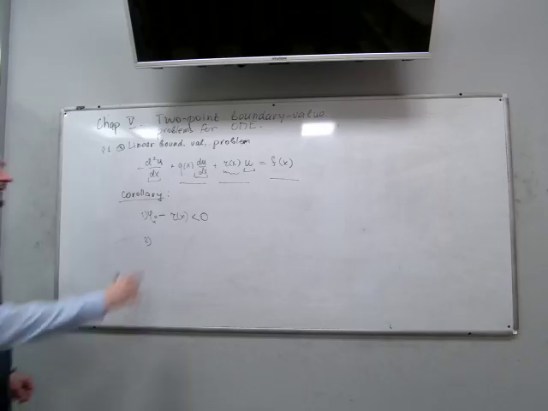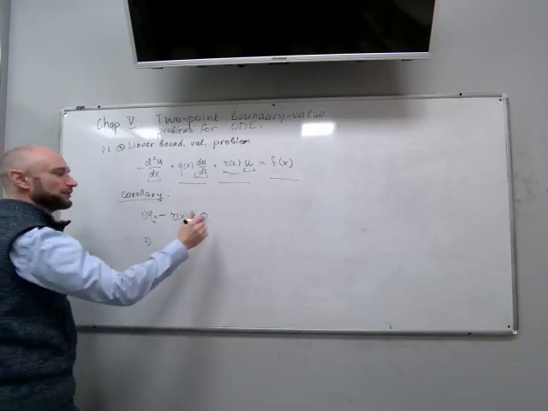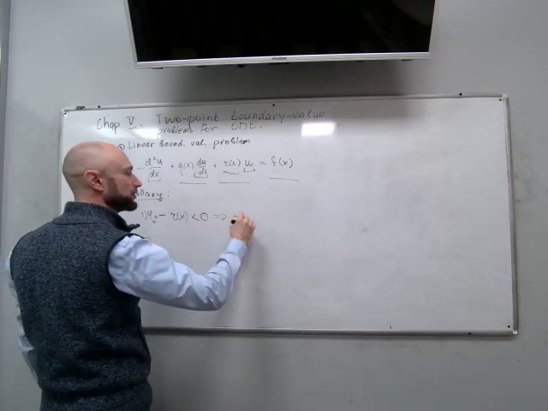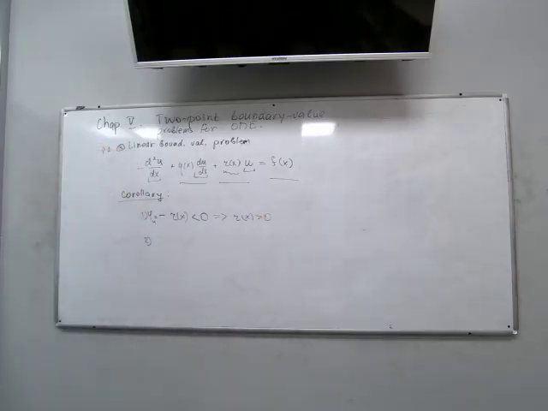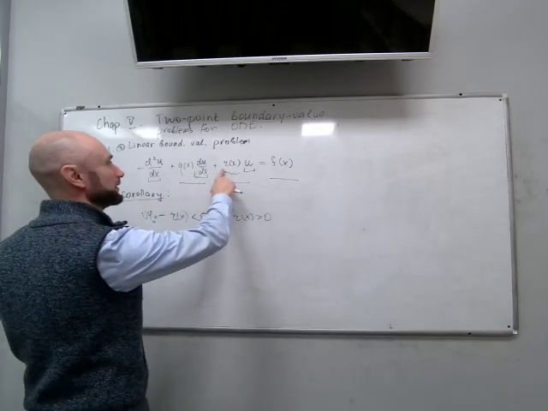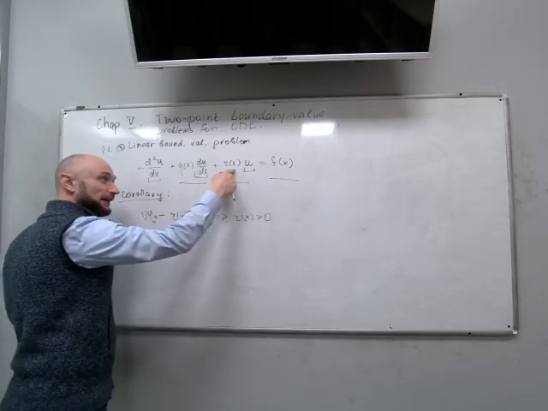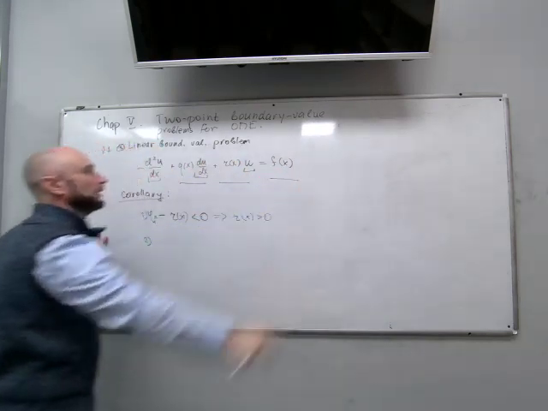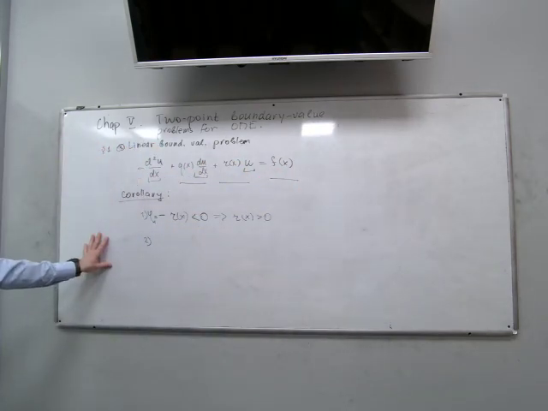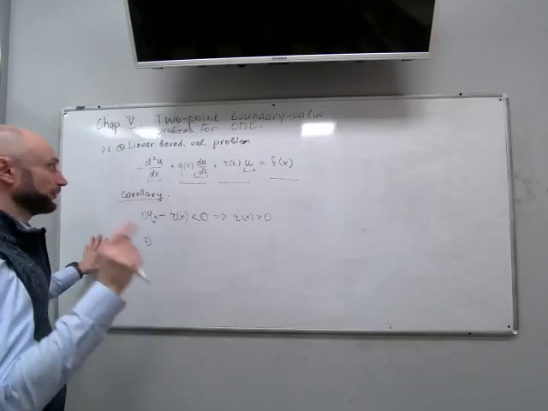Minus function r should be less than 0, then it means that function r should be more than 0, strictly. So this term should be more than 0 if it sits on the left hand side, and less than 0 if it sits on the right hand side, taking into account the coefficient before it.